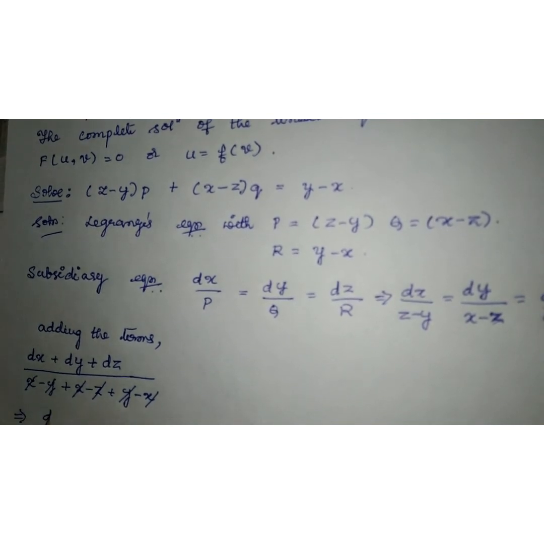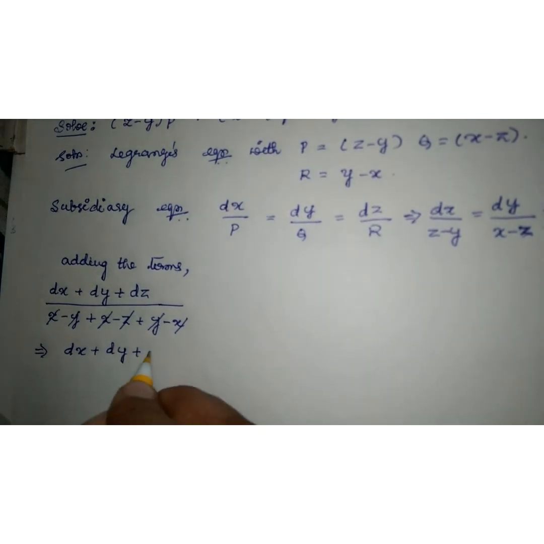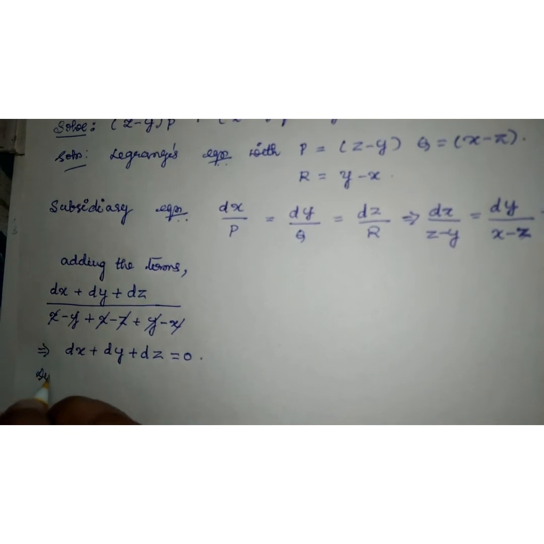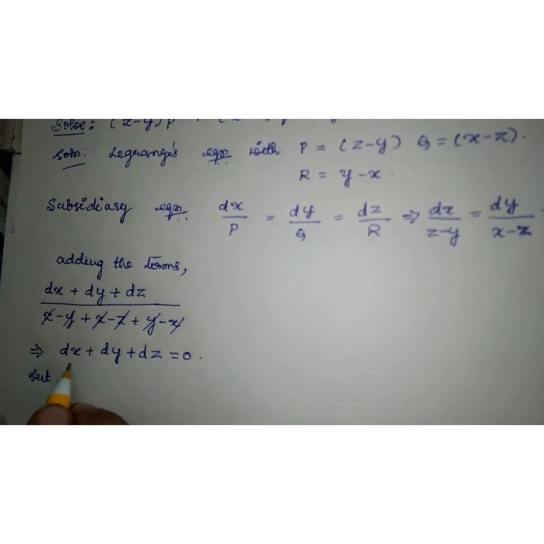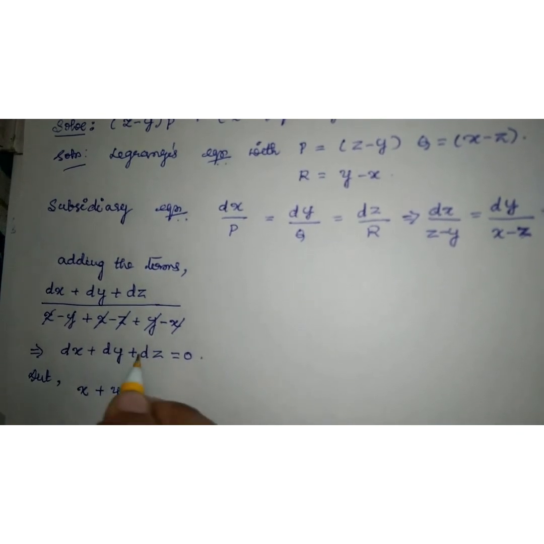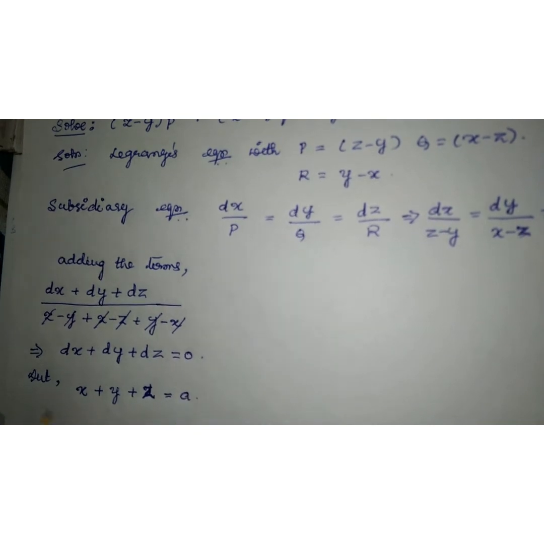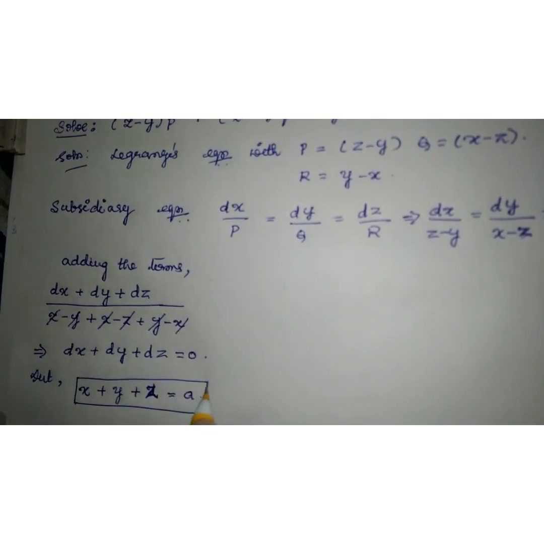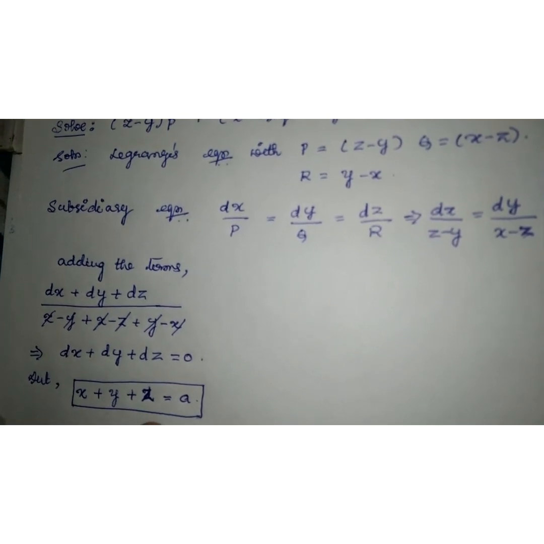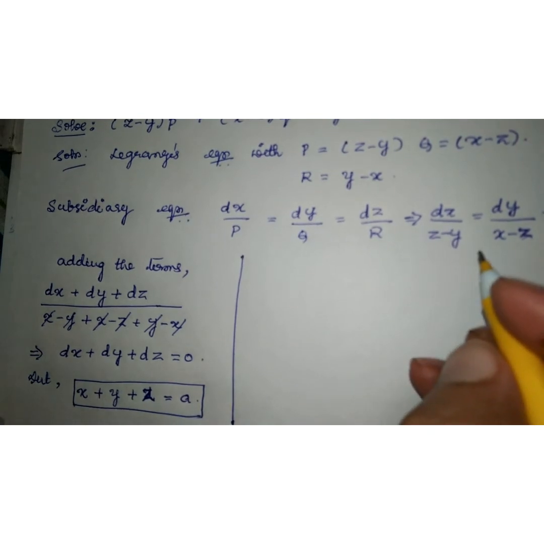Further this can be written as dx plus dy plus dz equal to 0. Now integrating this, the integral of dx is x, of dy is y, of dz is z, equal to a constant. Taking the integration constant as a, you get x plus y plus z equal to a, which can be considered as the first solution.